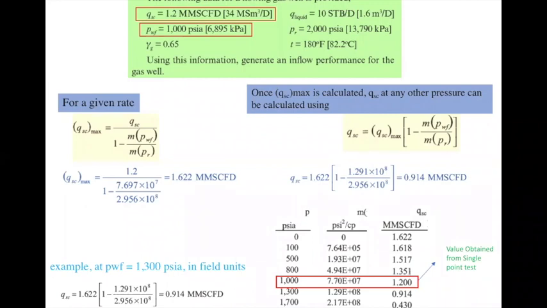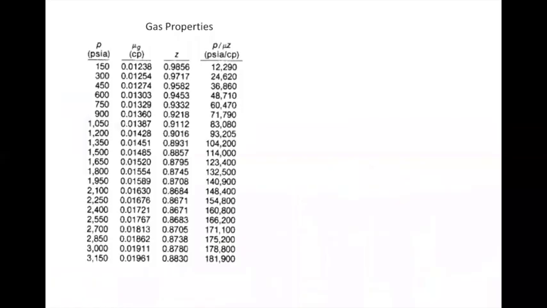Sir, we have to find this MPWF and MPR from the formula, that integral formula of MP that was given in the first lecture. That is MP equals 2 integration of PB to P dP by mu z. For that, you need the values of reservoir properties, as I have shown in this slide, that for a definite value of pressure, you have the value of viscosity and compressibility.